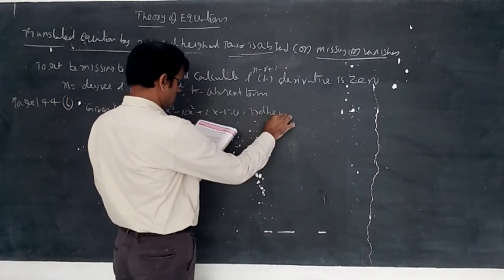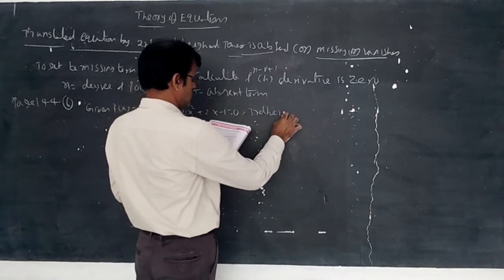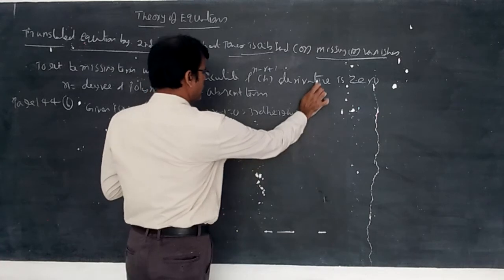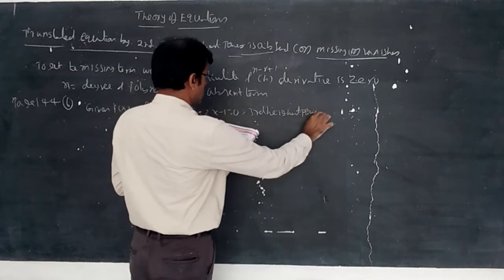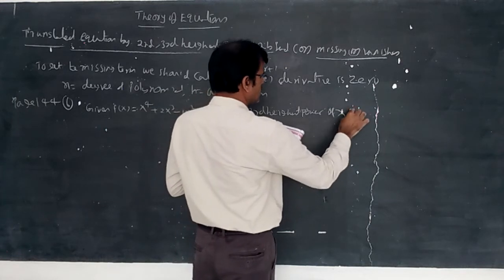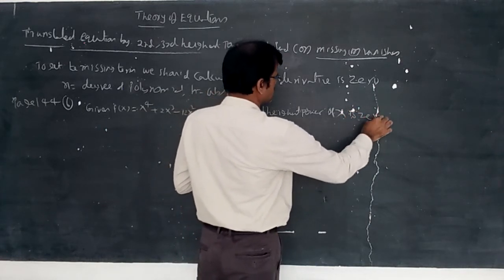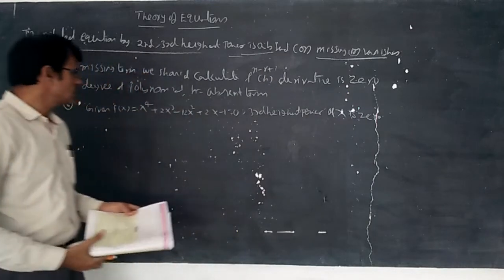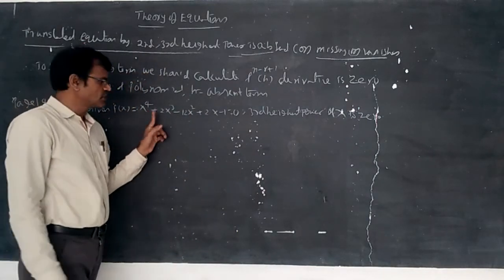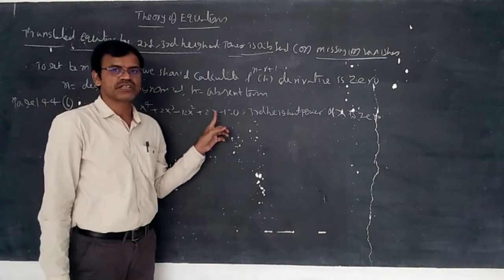The third highest power of x is 0. What is the third highest power here? 4 is the first highest, 3 is the second highest, 2 is the third highest.